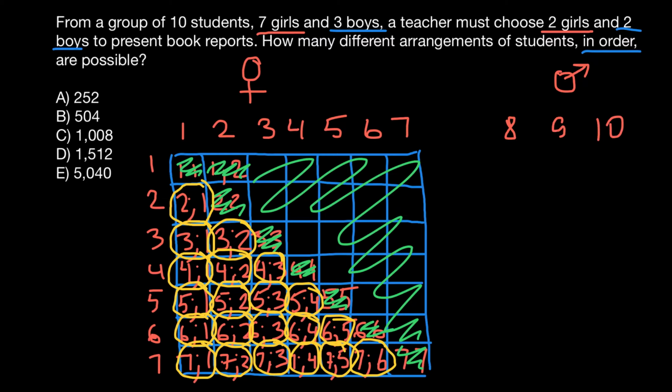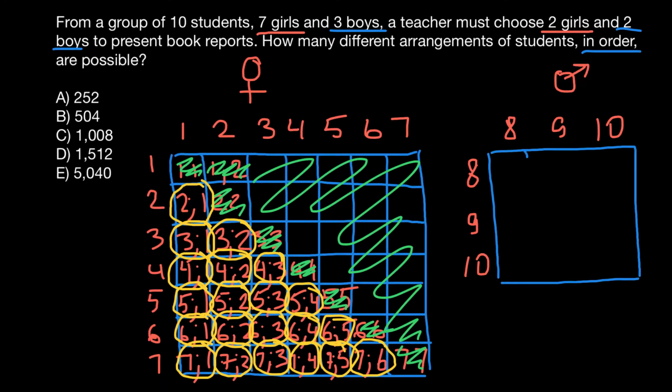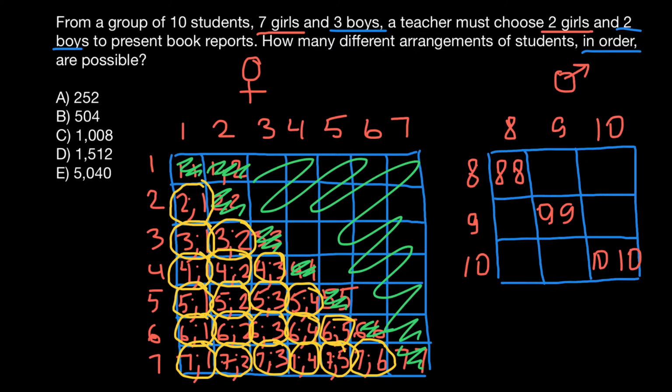And again, we are going to build another Punnett square, so 8, 9, and 10. So here's another Punnett square. This time it's going to be 3 by 3, and we are going to get 9 cells. And the same rules apply, so 8 and 8, 9 and 9, 10 and 10 we cannot combine. So we just have to cross out these variants.